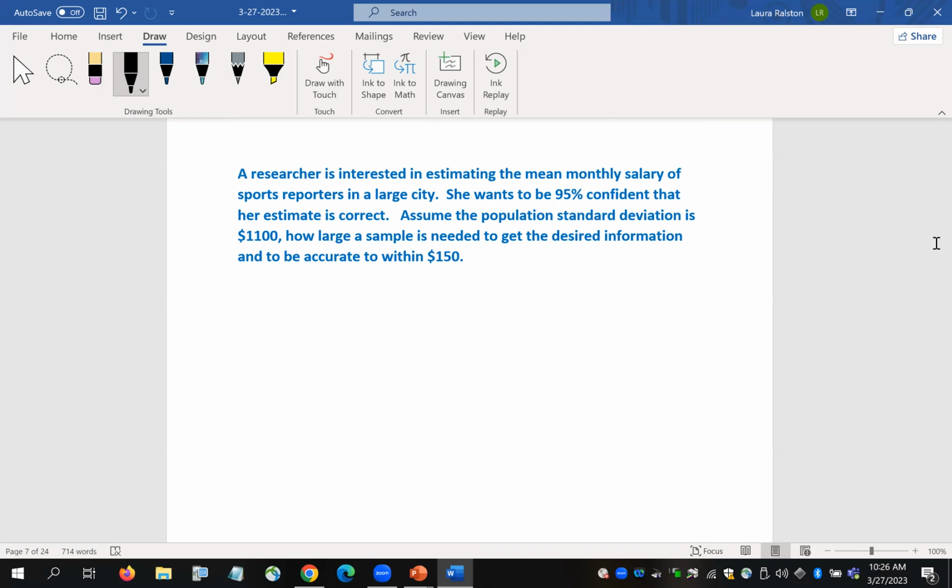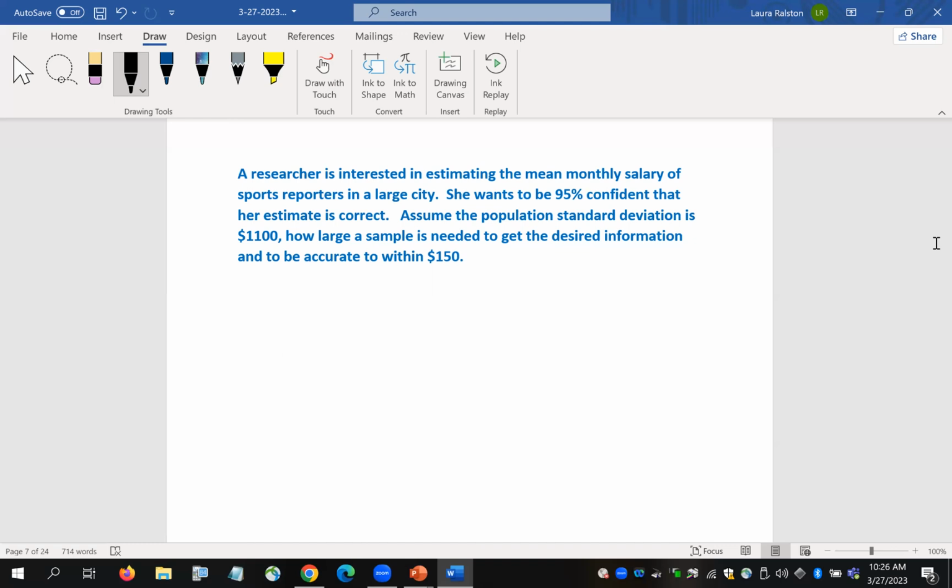Now, in this scenario, they do outright tell you the population standard deviation. They didn't call it specifically the margin of error, but it says to be accurate within $150. So you have to kind of be careful with the wording. They may not expressly say margin of error.